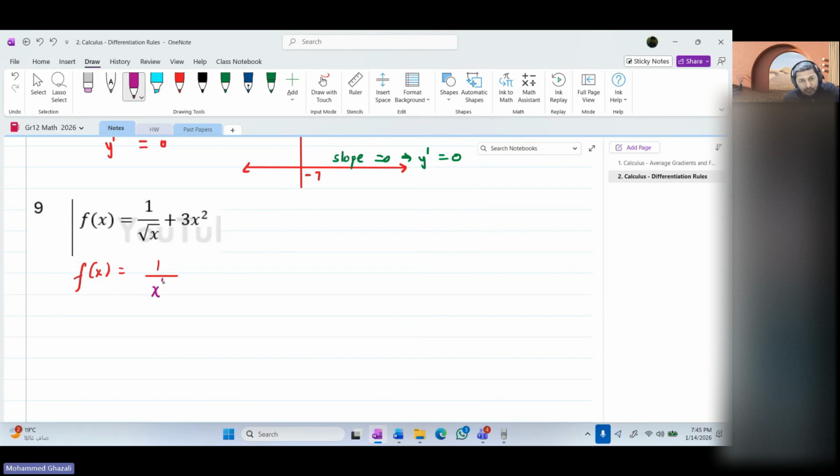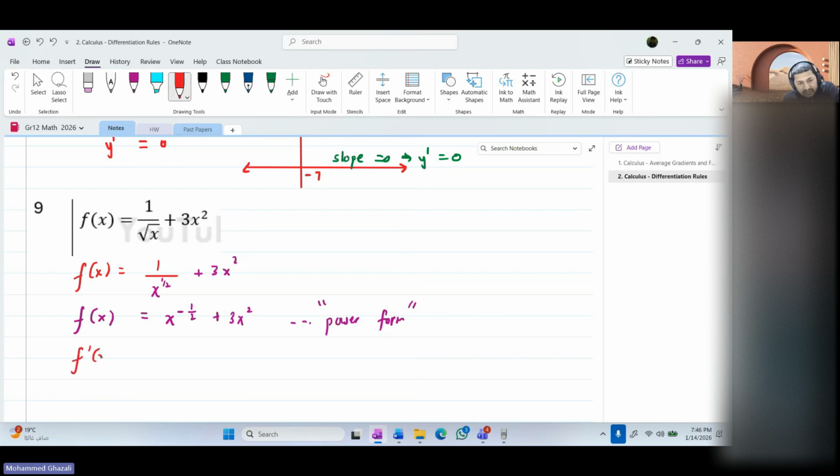So that's x to the power half, plus 3x squared. So now we're going to rewrite this. f of x is equal to x to the power, remember, x to the power half. We need to write it in power form. So it's negative half. Plus 3x squared. Now it's written in power form, or exponent form, right?